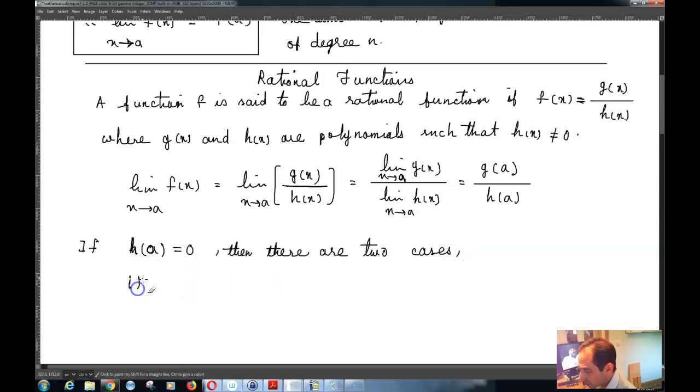Number one, when g of a is not equal to 0, meaning that you would get some non-zero number divided by 0. And two, when g of a is also equal to 0, in which case you would get 0 divided by 0.